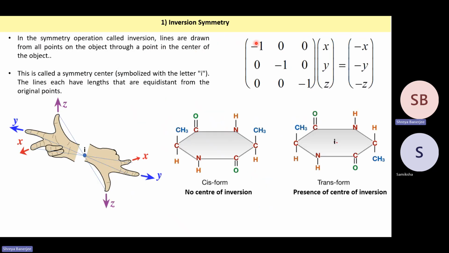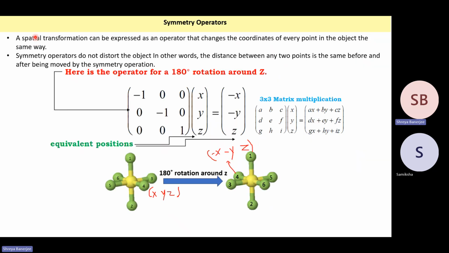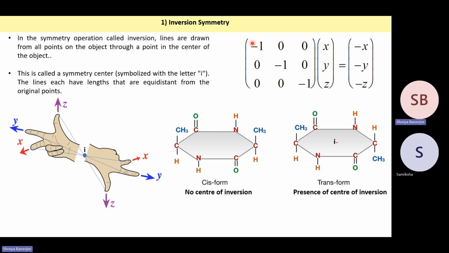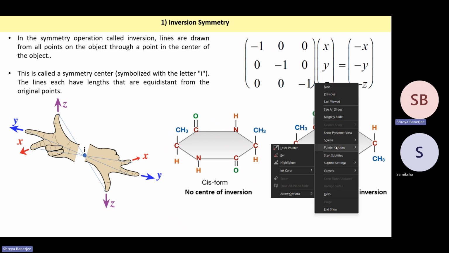Now, if you have minus 1 in all three, then all three will become negative. In the previous one, because in the row of Z, it was plus 1, Z remained as Z. Now, if you have minus 1 in all three, Z will also become minus Z. So, if the initial coordinates were X, Y, Z, after the symmetry operation, the coordinates will become minus X, minus Y, minus Z. This is basically what happens when you have a center of symmetry.